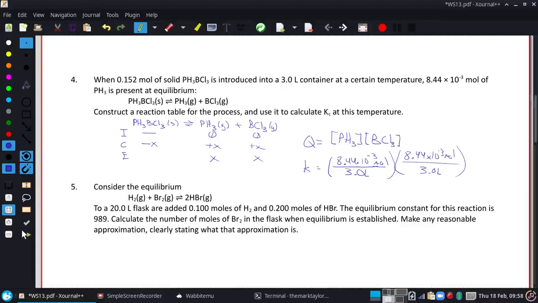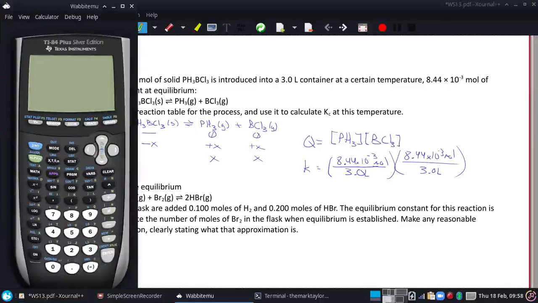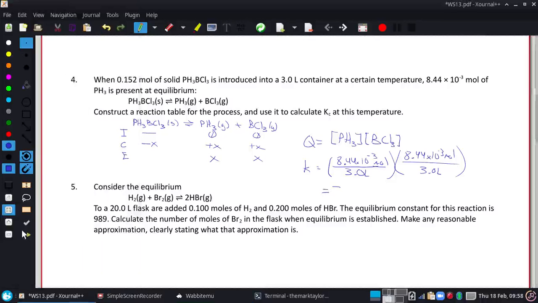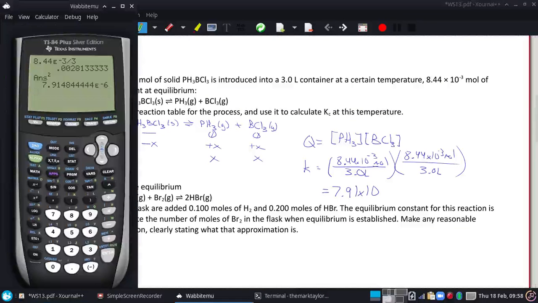And multiplying those two together, which would be our X's, is going to give us our K. And I can just square that, and I end up with a K of 7.91 times 10 to the negative 6th.